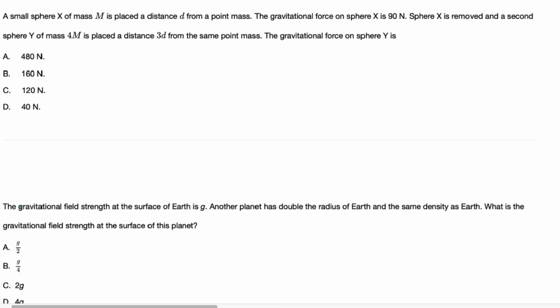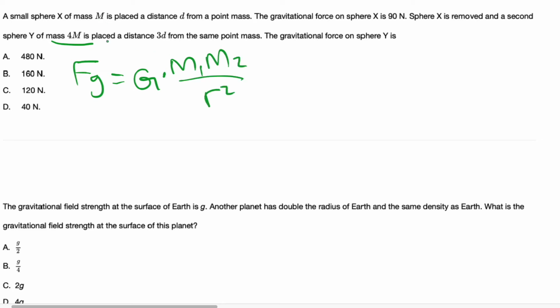A small sphere X of mass m is placed a distance d from a point mass. The gravitational force on sphere X is 19 Newton. Sphere X is removed and a second sphere Y of mass 4m is placed a distance 3d from the same point. The gravitational force on the sphere is equal to what? So we know its mass is multiplied by 4, and the force of gravitation is equal to G constant times mass 1 times mass 2 over r squared.